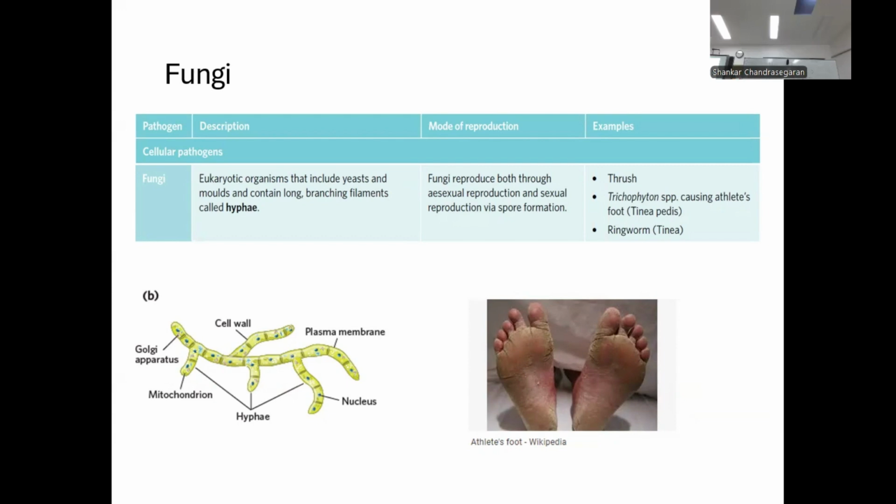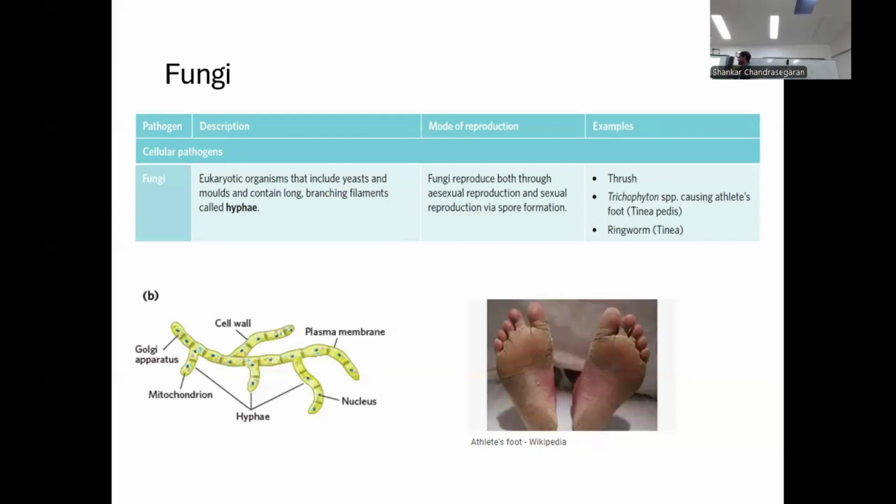And they basically have two forms of reproduction, asexual or sexual. They will reproduce both through asexual reproduction and sexual reproduction via spore formation.